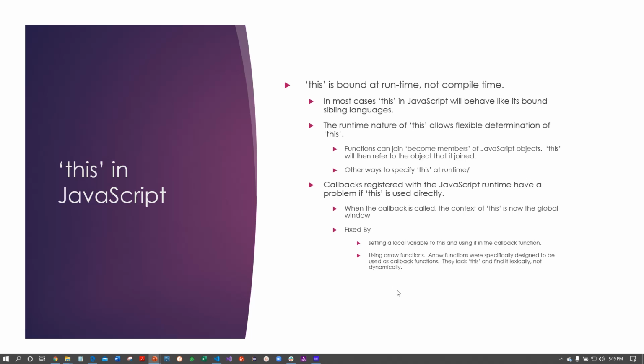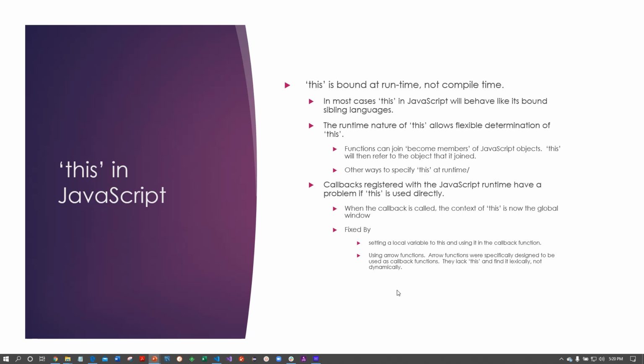Callbacks registered with the JavaScript runtime have a problem if this is used directly. This is because when the callback is called, the context of this is now the global window. This can be fixed by setting a local variable to this and using it in the callback function. This is a lexical fix because the local variable that you used is determined lexically, that is, by finding it.